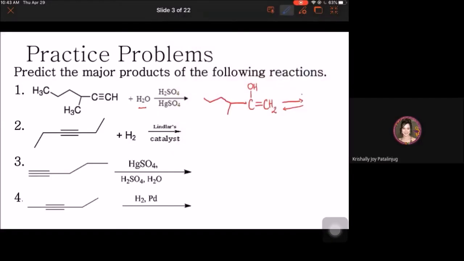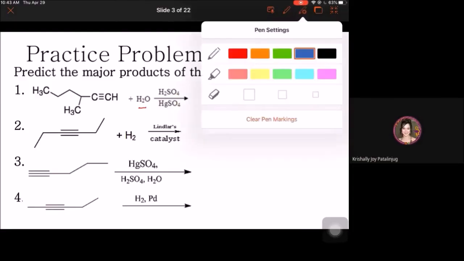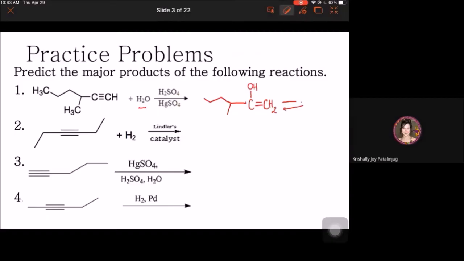Okay, so from this, I'll just write it down here. So you have, so this will be the ketone form.